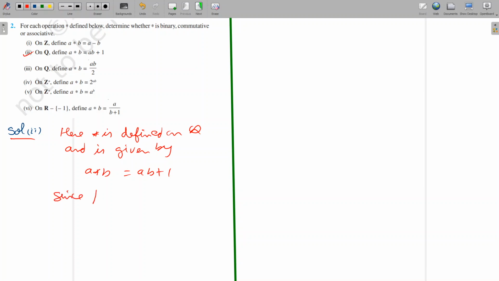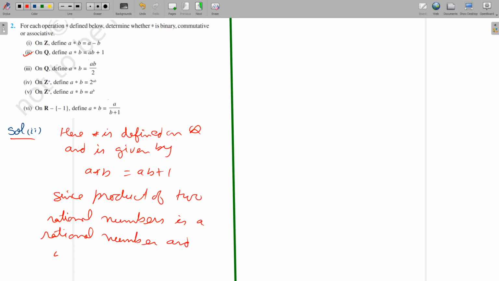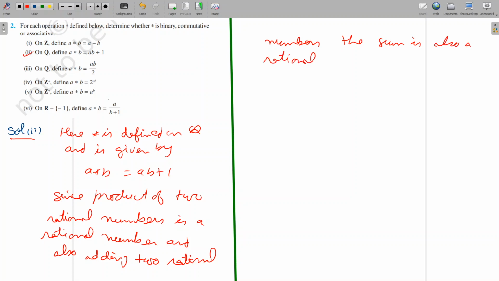Since the product of two rational numbers is a rational number, and also adding two rational numbers, the sum is also a rational number.